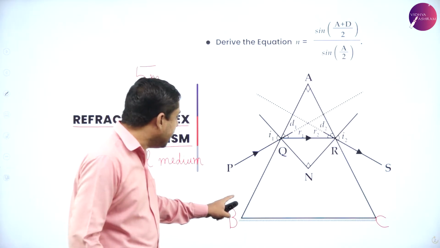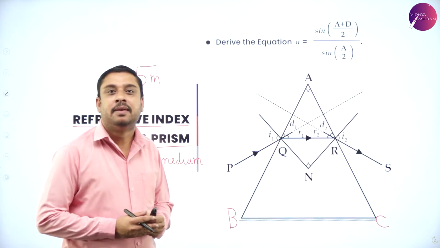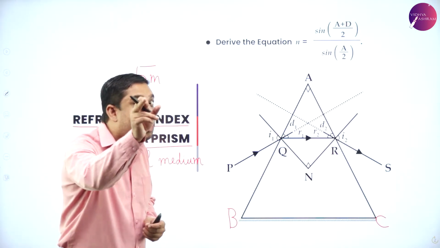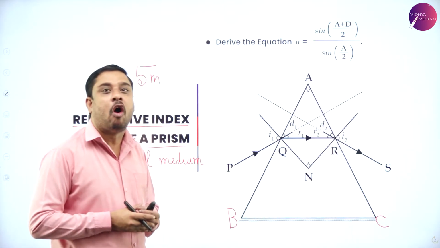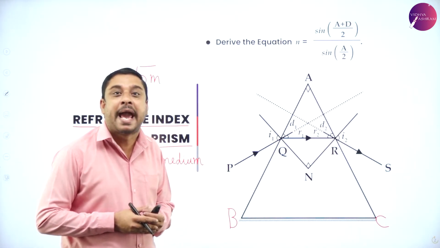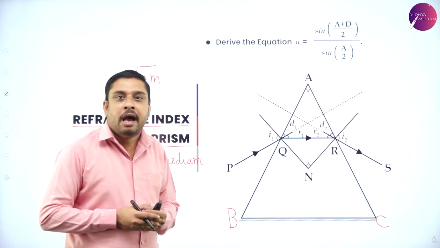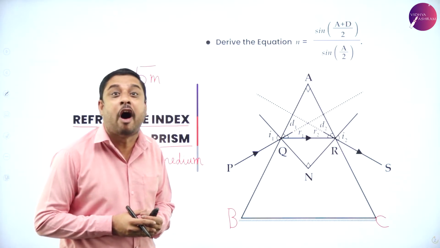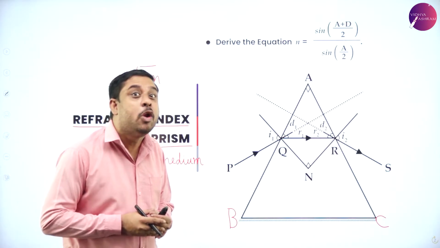Now, this BC is called the base of the prism. Very important, note this. BC is called the base of the prism. I call the base the normal. For a plane surface, we had a normal.